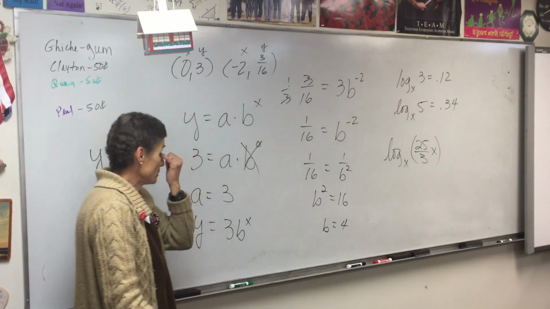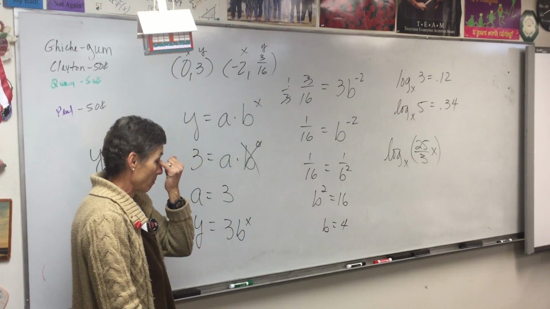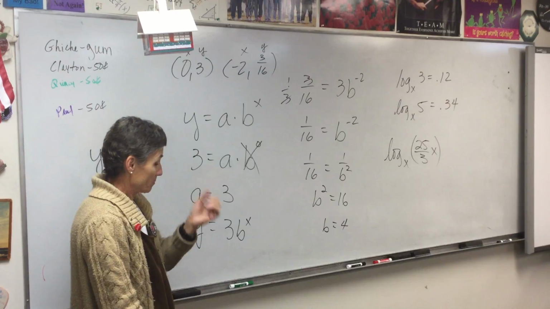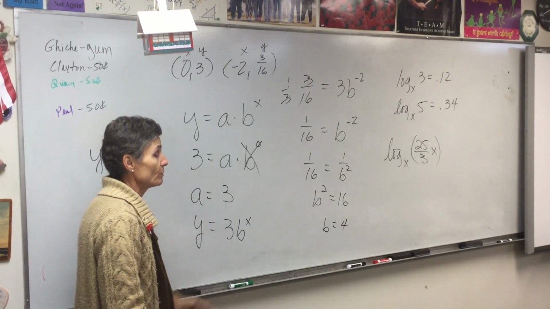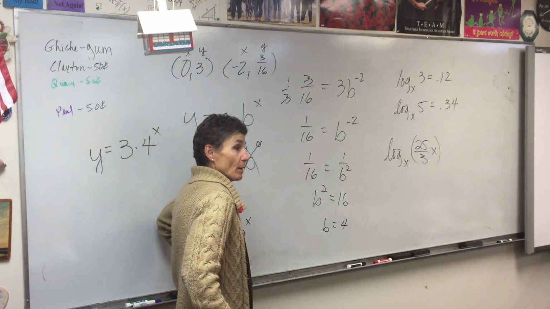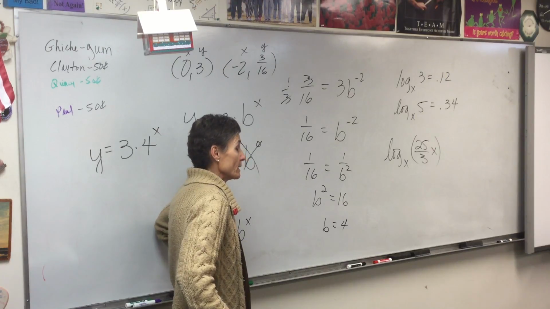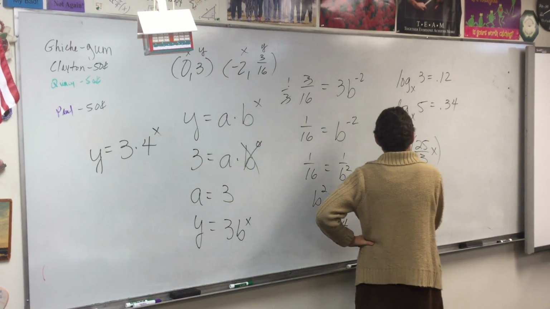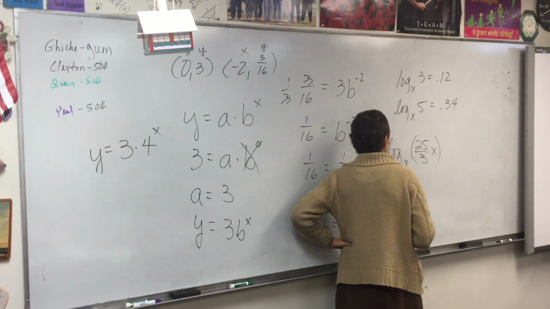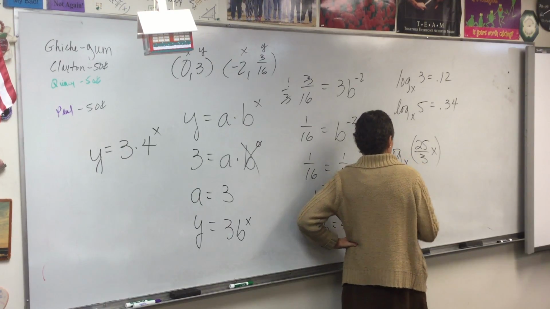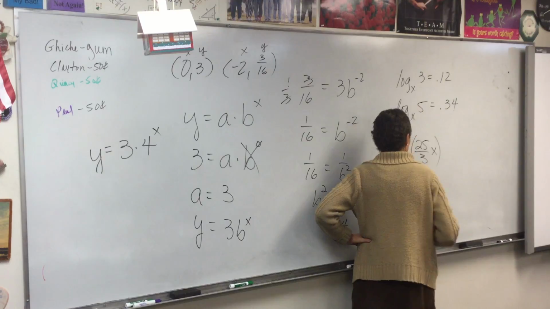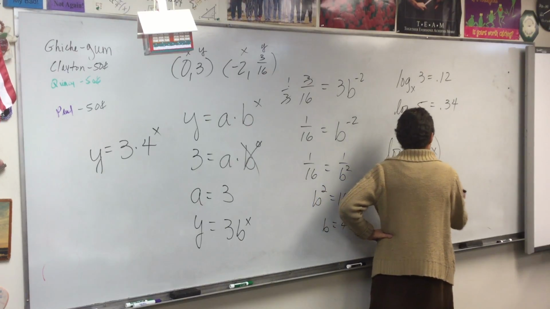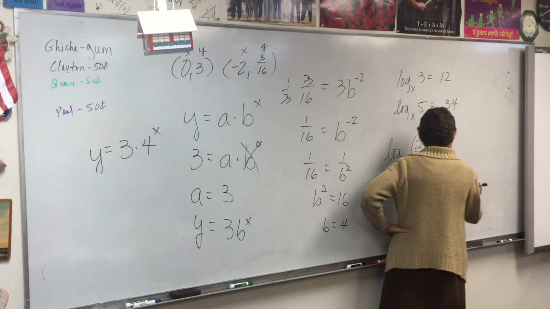All right, so where do we start? You have to break it apart. One option, and this could be done in one step or more than one step, is the log of 25x minus the log of 3.